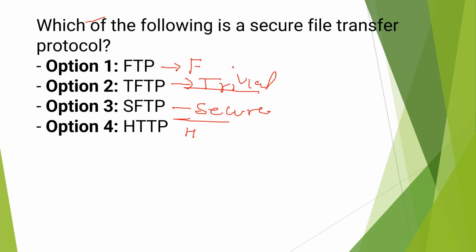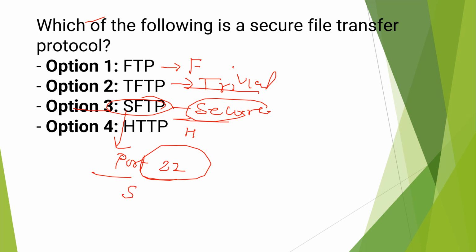The word secure is in option number 3, so that is the correct answer for transferring the file. Basically this works on port number 22, if I'm not wrong, and it uses SSH, Secure Shell, to transfer the data. So this is the correct answer.